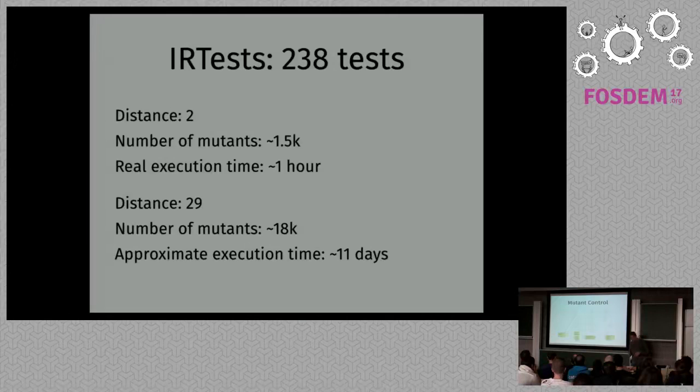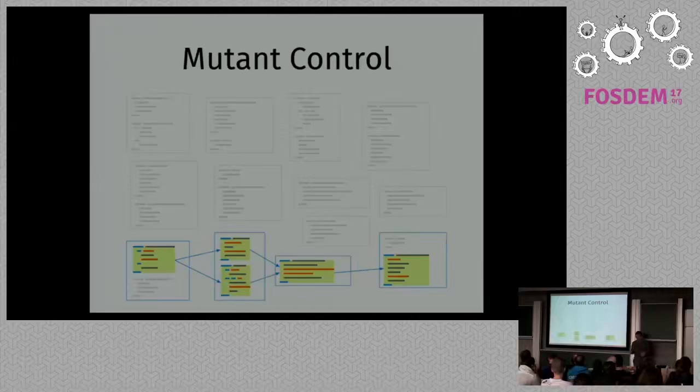And for mutant control, there is another means. We can select some specific tests. So let's say you have 200 tests, but you're interested in one or some group of tests. Basically you just select one test and work with it. You reduce the amount of tests even further.